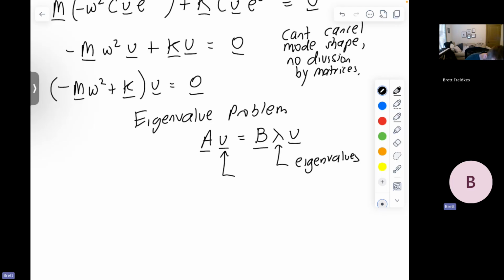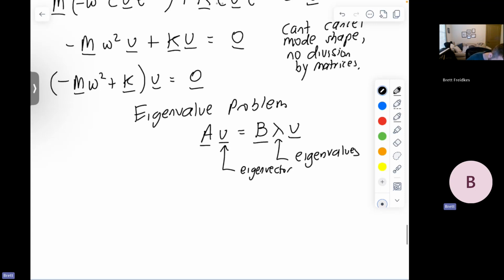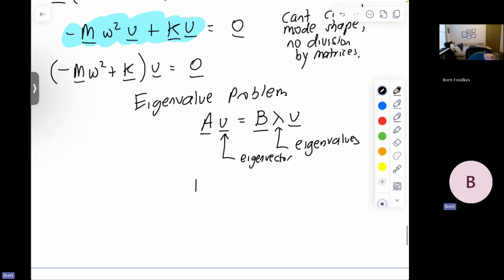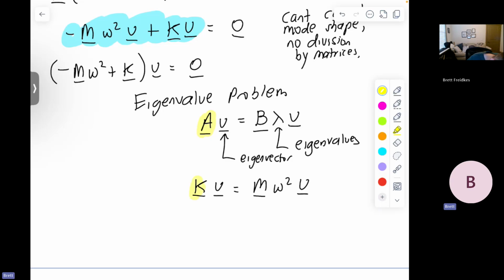And U, for vibrations, is the mode shape, but from an eigenvalue perspective, these are known as the eigenvectors. Now, if you look at your vibrations problem, specifically this equation up here, we can write this as K u equal to M omega squared u. Do we see how the A and the K are alike, the B and the M are alike, and then the lambda is like omega squared?